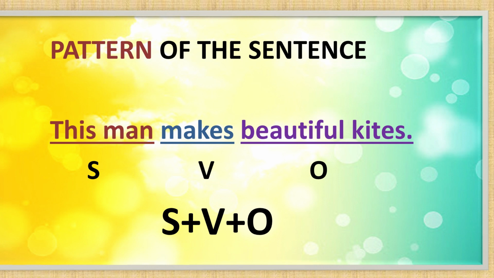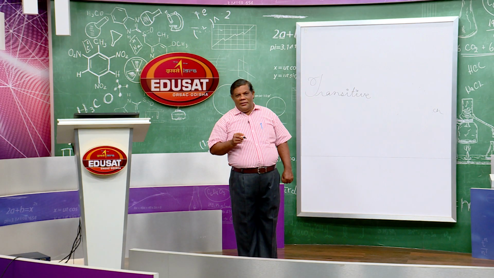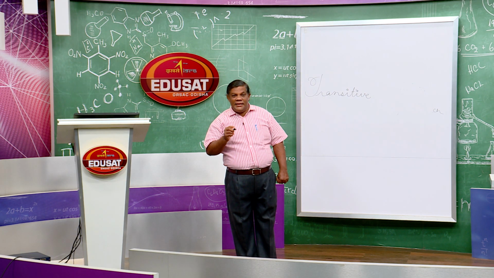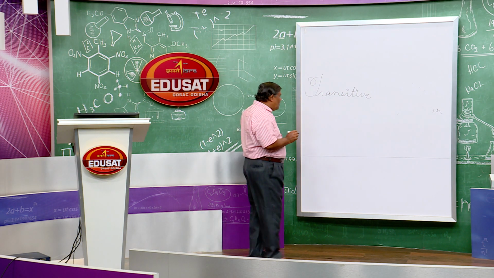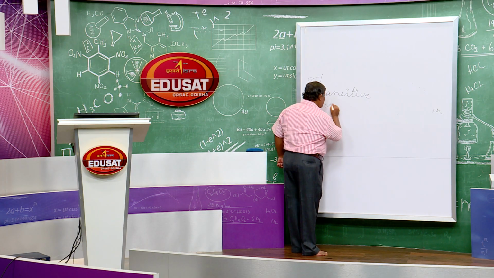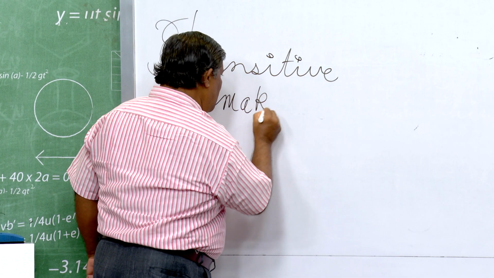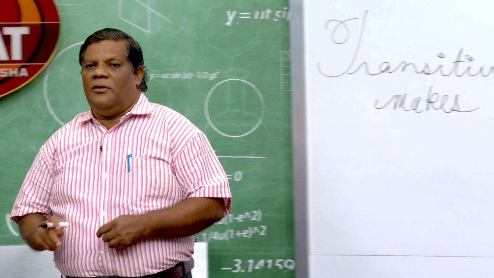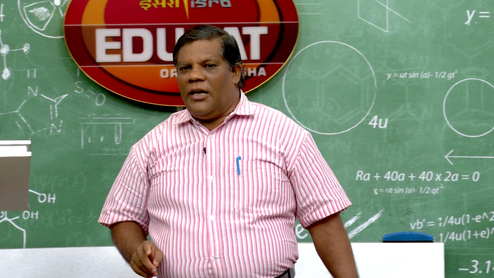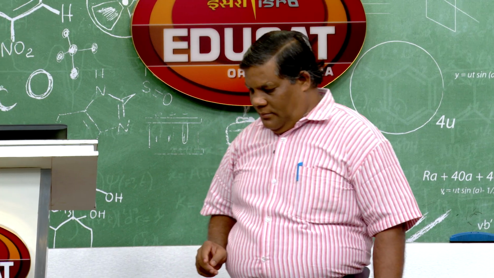There is an object after the verb makes. Therefore, the verb is called a transitive verb, because it carries an object with it.